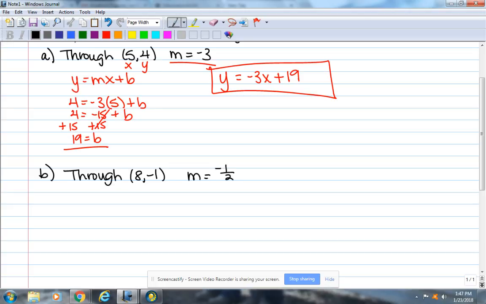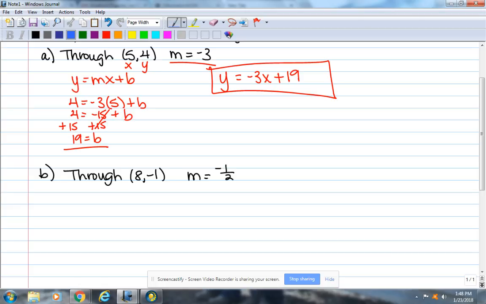So we need what two things? Slope and y-intercept. We need m and b. Okay? Do we have m or b? We got m. We need b. So how do we get b? Put it in.